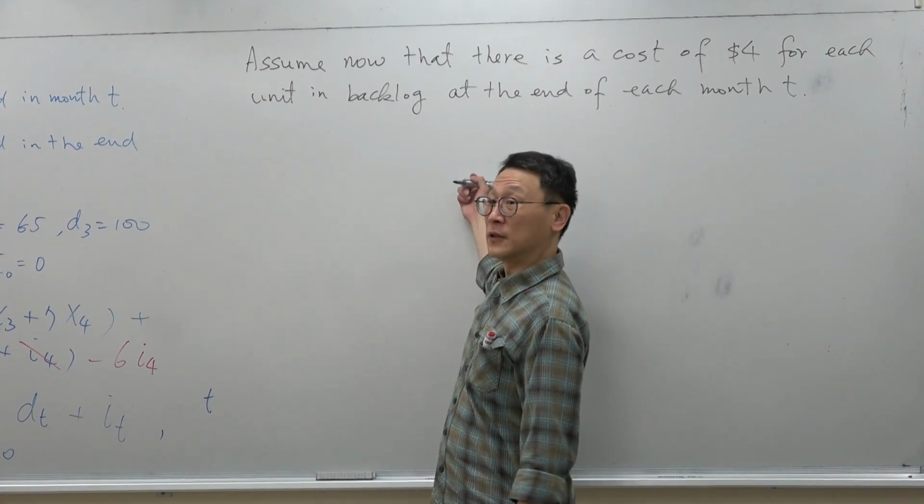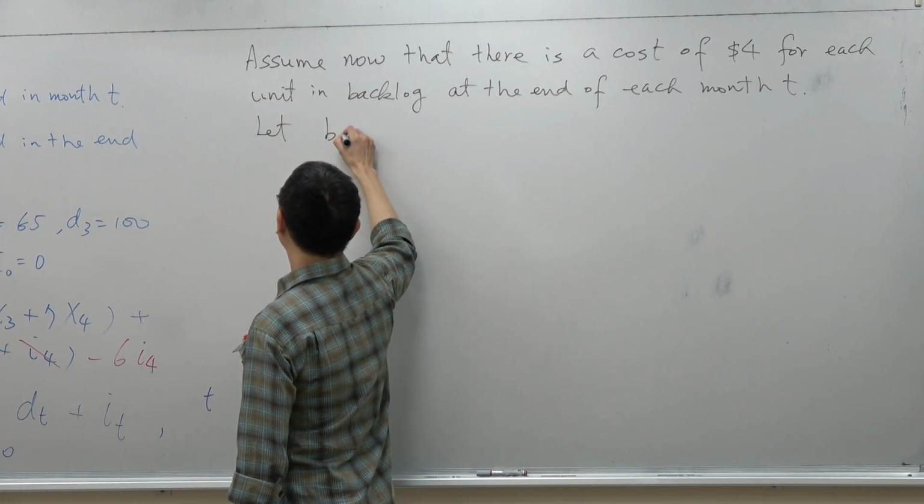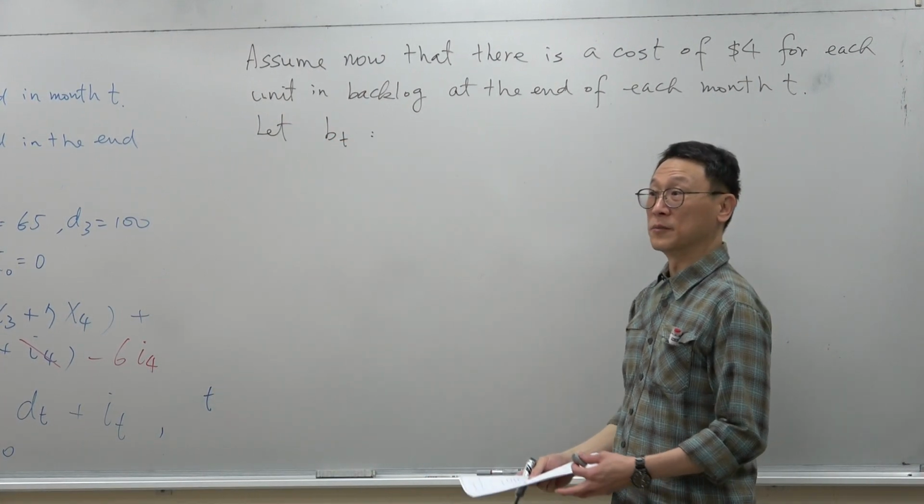Right now we have another variable, right? So we have B_t, which indicates the number of units in backlog.